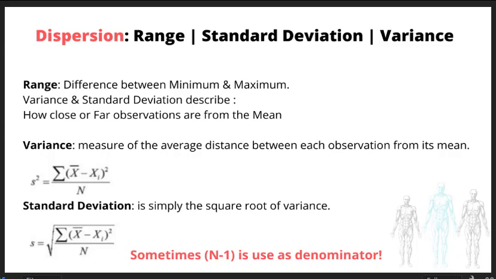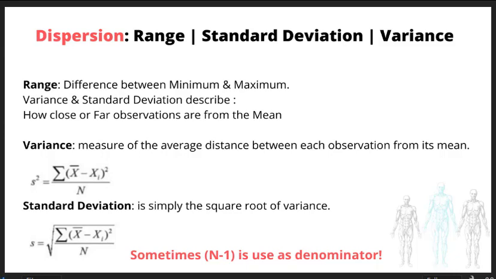As I said, standard deviation and variance are very close, right? The standard deviation is simply the square root of the variance. If you calculate the variance or the standard deviation, both are very much related.